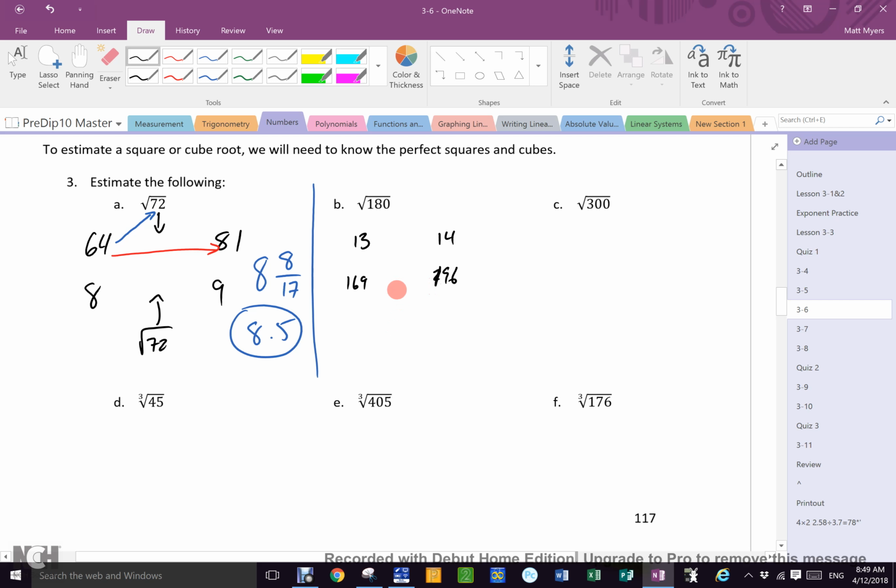27. How far is 169 to 180? So I have 13 and 11 out of 27, yes? That's pretty darn close to what? Isn't that pretty close to 10 out of 30? So 13.33, 1/3.